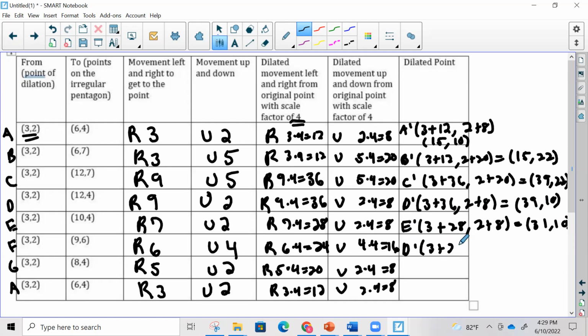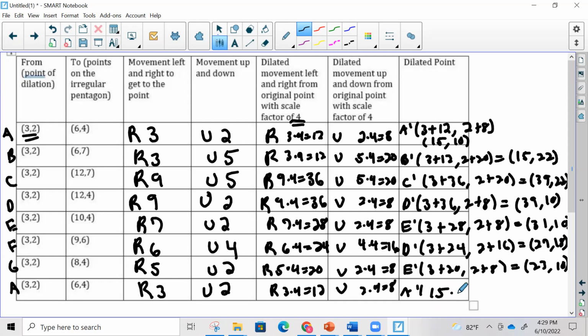So I'm again adding the same center every time to how much we're moving right for the X coordinate and up or down for the Y coordinate. Okay, and this again is the same as the first one, so I'm just going to put 15, 10.